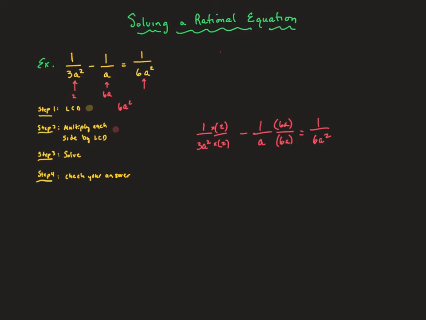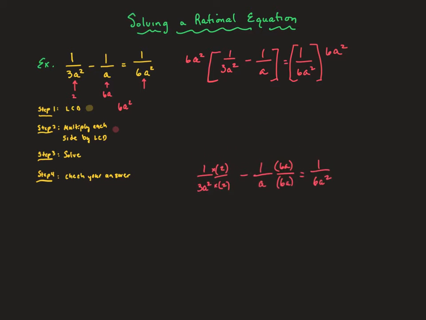So I'm going to multiply 6a squared times 1 over 3a squared minus 1 over a, and that's going to equal 1 over 6a squared times 6a squared. Now what I've done is multiply both sides by the common denominator.